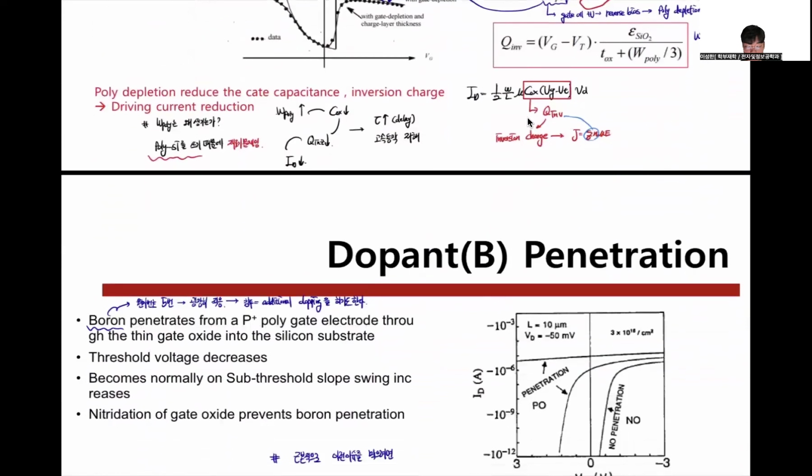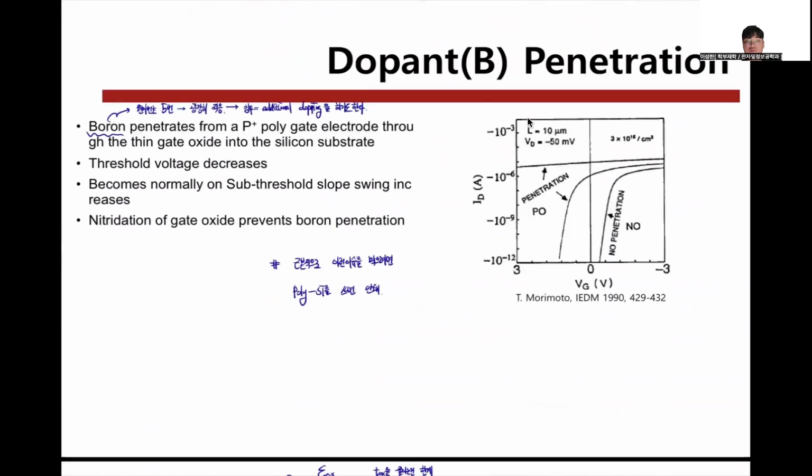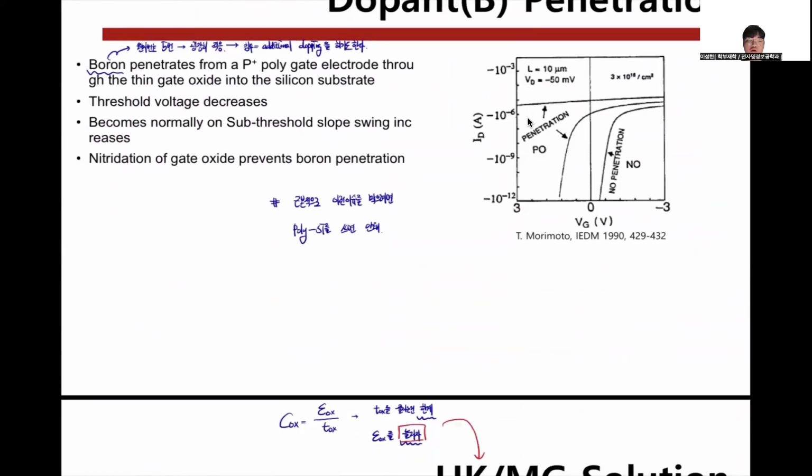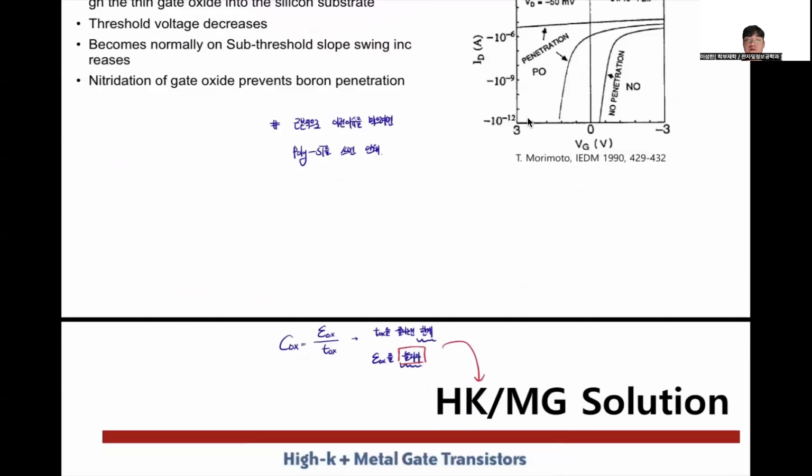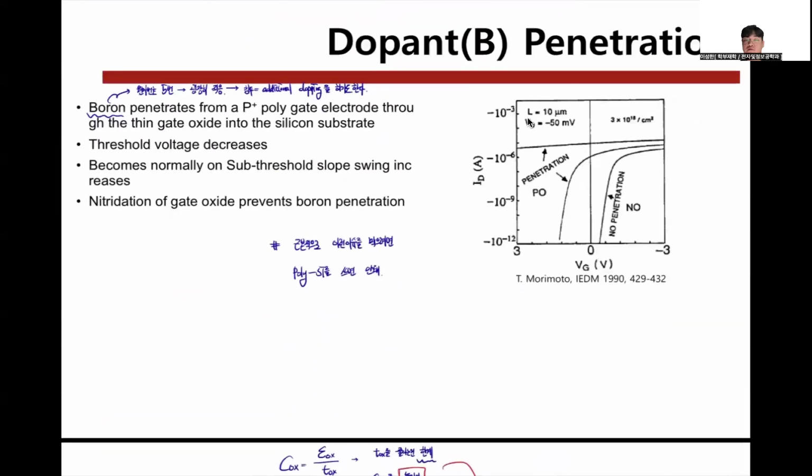The way we fix this problem is by increasing the gate coupling. Gate coupling means how well the gate controls the voltage of the channel.